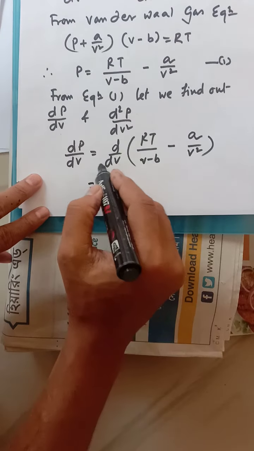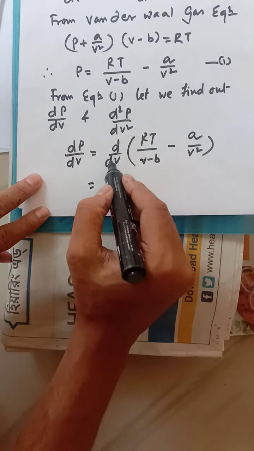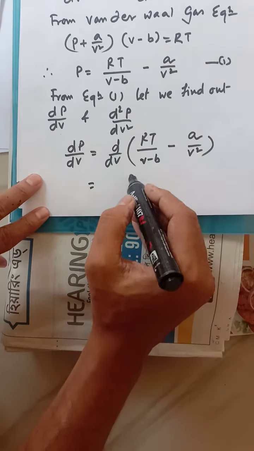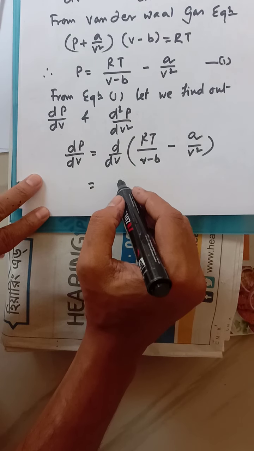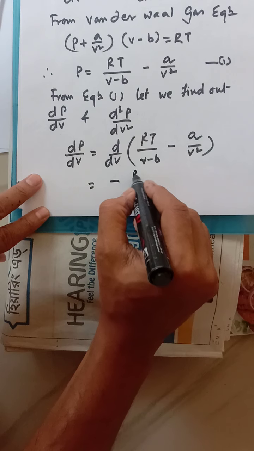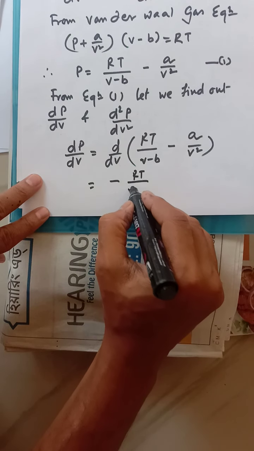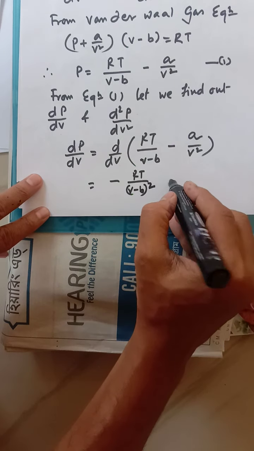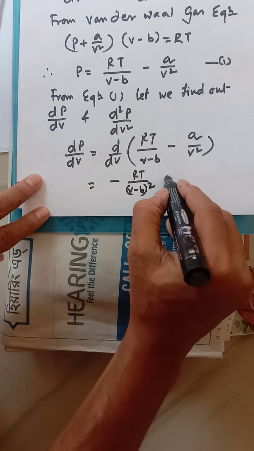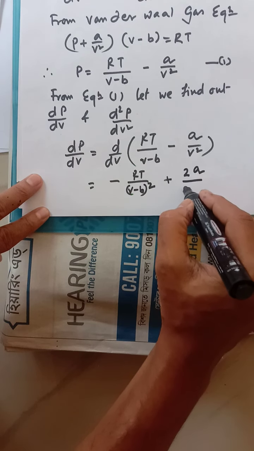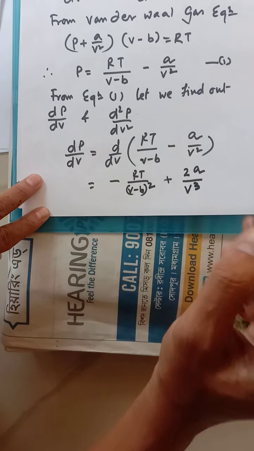If we put it inside the bracket, that means d/dV of this and d/dV of this, we are getting minus RT by (V minus B) whole square, plus 2A by V cube.